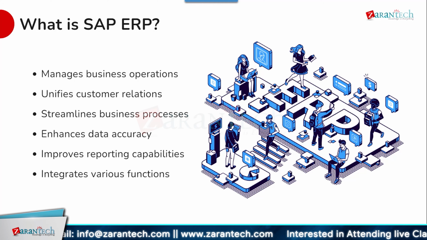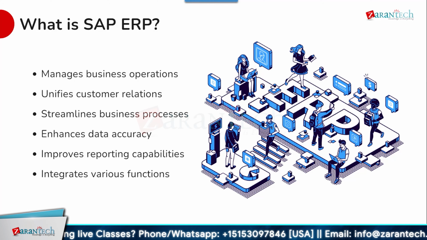With SAP ERP, you can streamline your business processes, making them faster and more efficient, which saves time and reduces your overall cost. And one of the key benefits of SAP ERP is its ability to enhance data accuracy.